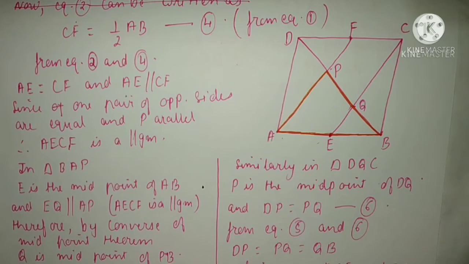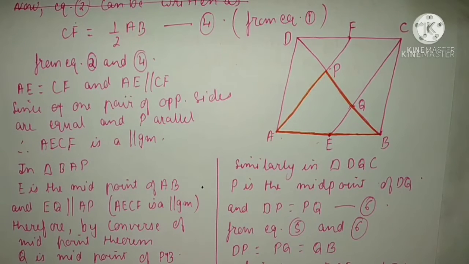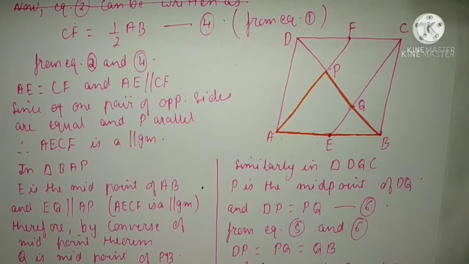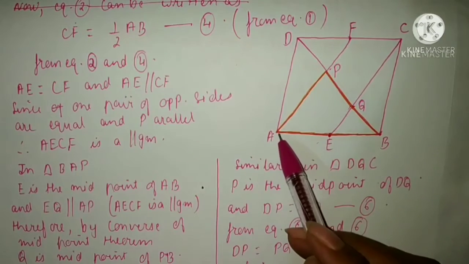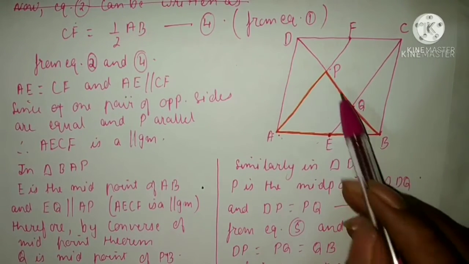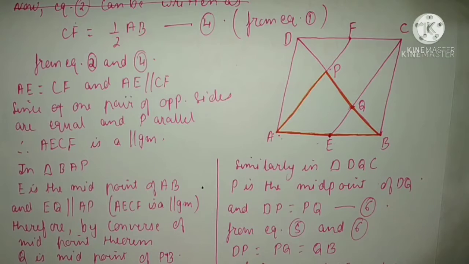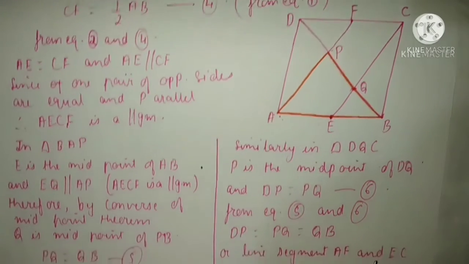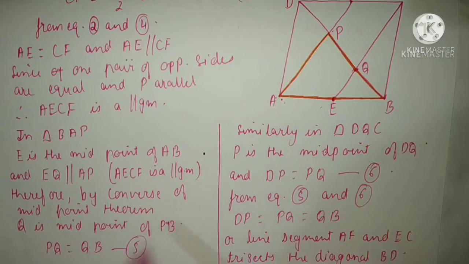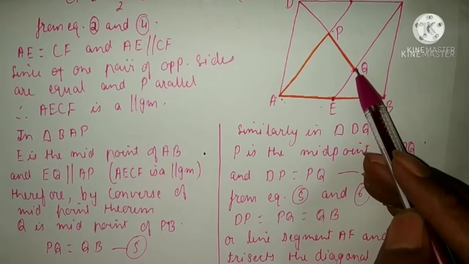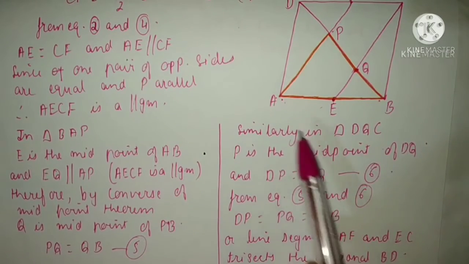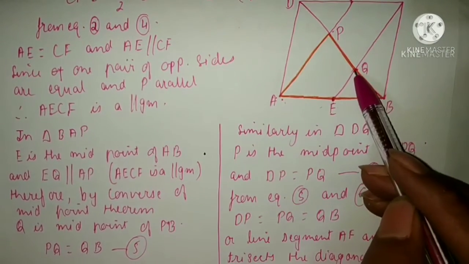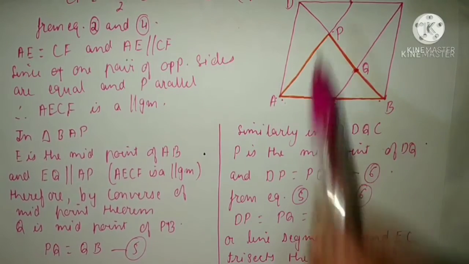Now yesterday also I have told you that by converse of midpoint theorem, if this is the midpoint and these two lines are parallel, then this will also be the midpoint of the third line. Okay, so we can write, therefore by converse of midpoint theorem, Q will also be the midpoint of PB. Okay, in this triangle BAP, this Q will also be the midpoint of BP.